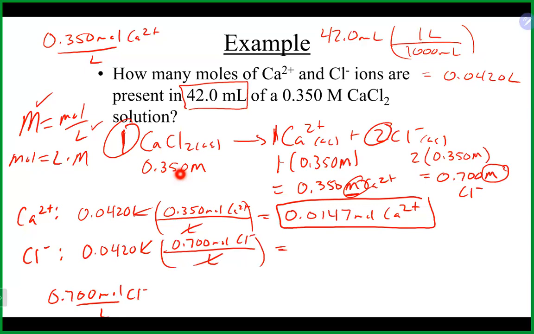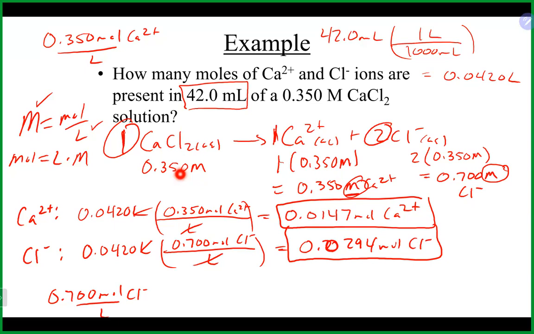Liters will cancel, and that gives us 0.0294 moles of chloride. As you can see, because it is twice as concentrated in terms of the chloride, we have twice as many moles of chloride floating around in that solution as we do of the calcium. Any questions on that calculation?